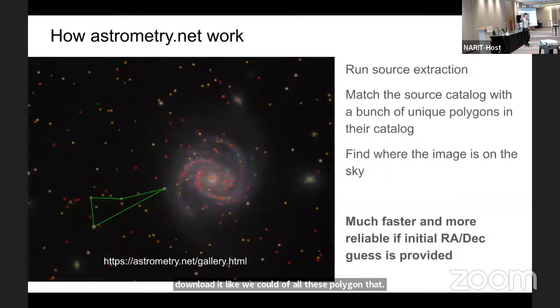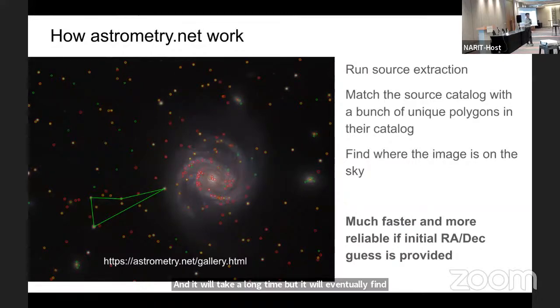Essentially these are polygons with three or more sides that are unique on the sky based on star patterns. So what astrometry.net does is run some kind of source extraction to find all these stars, and then try to match these sources with its huge catalog of polygons on the sky. It will take a long time, but it will eventually find it.